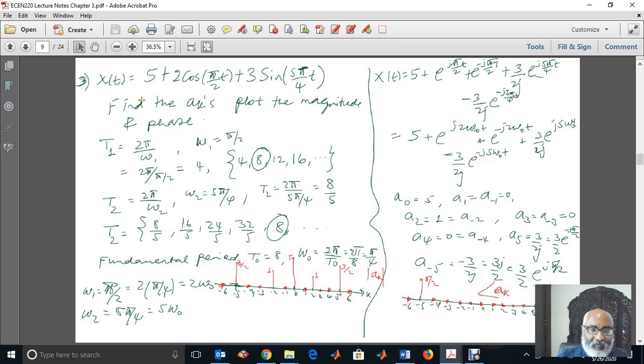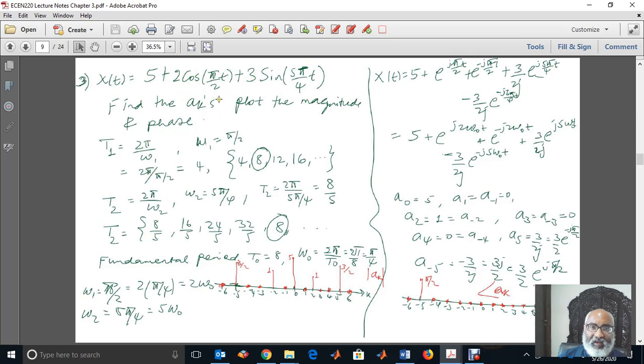And if I have another example, here I have a sum of one cosine and one sine: 5 plus 2 cos pi over 2 t plus 3 sine 5 pi over 4 t. If you have this kind of problem, what do you do first? You need to determine the fundamental period, okay?